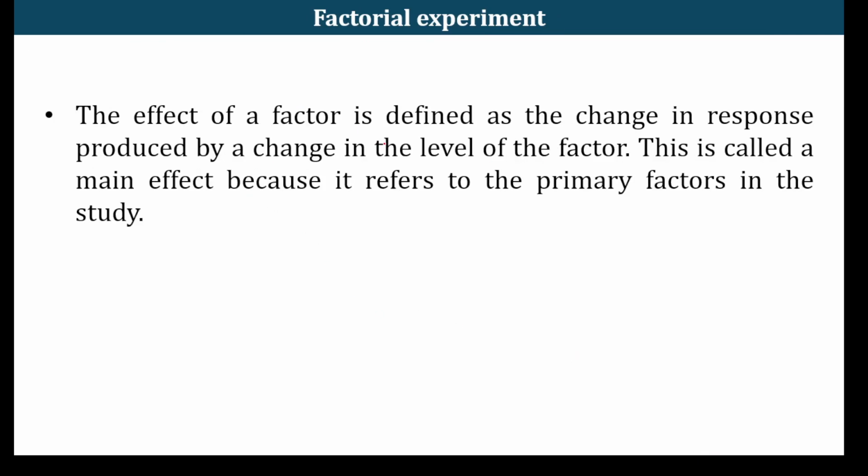The effect of a factor is defined as the change in the response produced by the change in the level of the factor. This is called a main effect because it refers to the primary factor in the study.